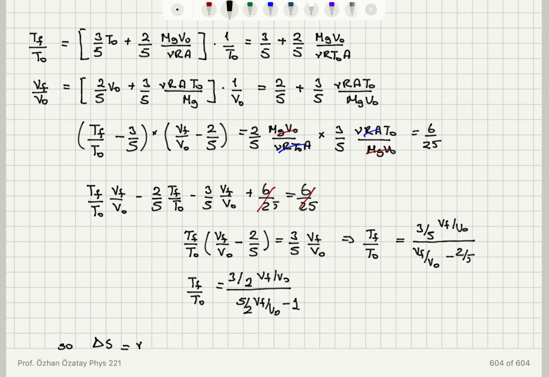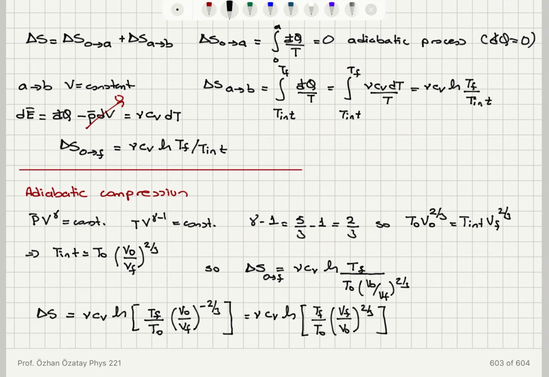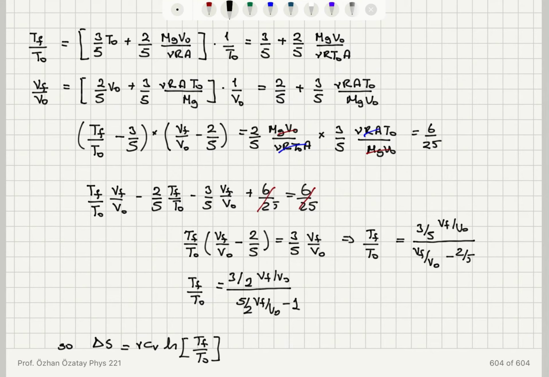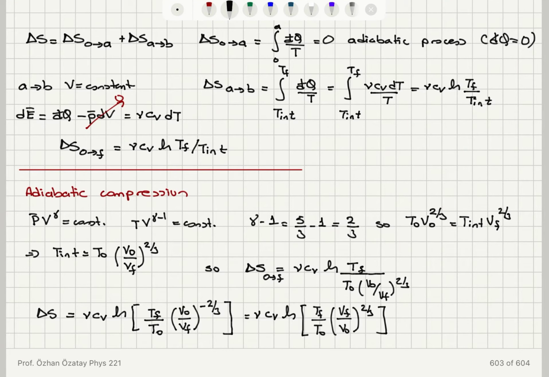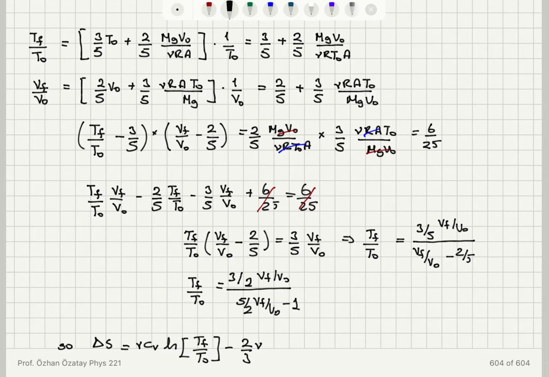This can be written as nu CV natural logarithm T final over T0, and I can write this as minus 2 over 3 nu CV natural logarithm V0 over V final. So I can write it this way.